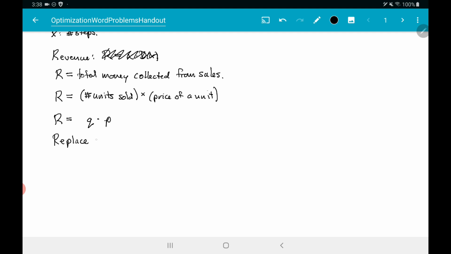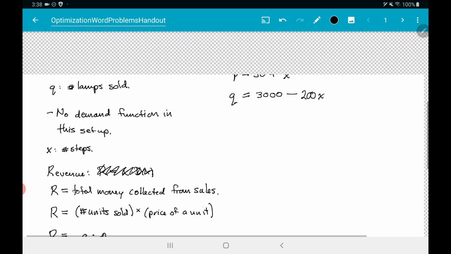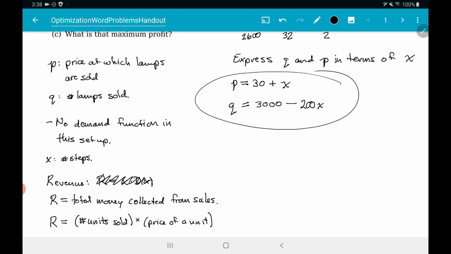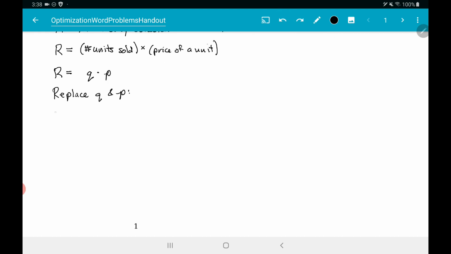We built formulas for p and q in terms of x. That's over here. So let me replace q, 3000 minus 200x times, and then p is 30 plus x.